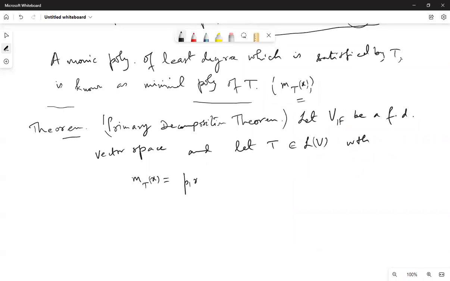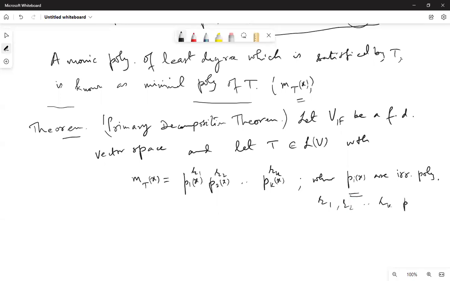Throughout we shall be taking m_T(x) as the minimal polynomial of T, with m_T(x) equal to p1(x) raised to the power r1, p2(x) raised to the power r2, and so on, pk(x) raised to the power rk, where the pi(x) are irreducible polynomials. Irreducible polynomial means they are not further reducible, they cannot be factored further. Okay. The ri's r1, r2 are positive integers.